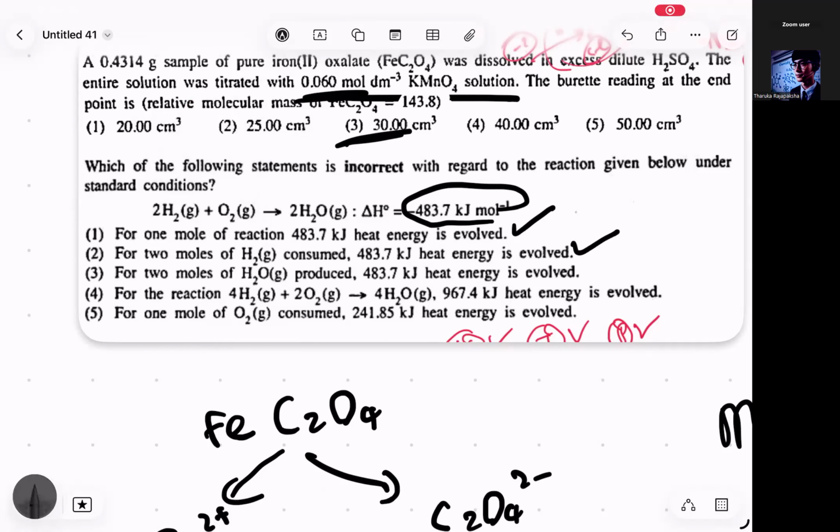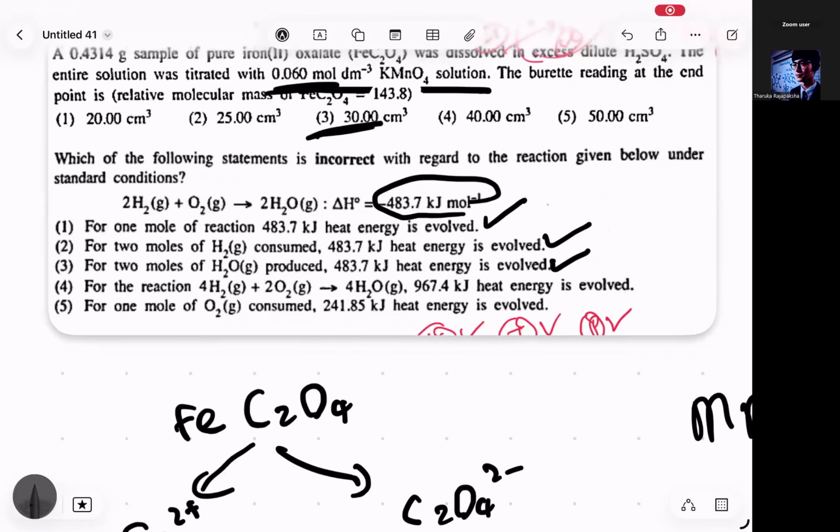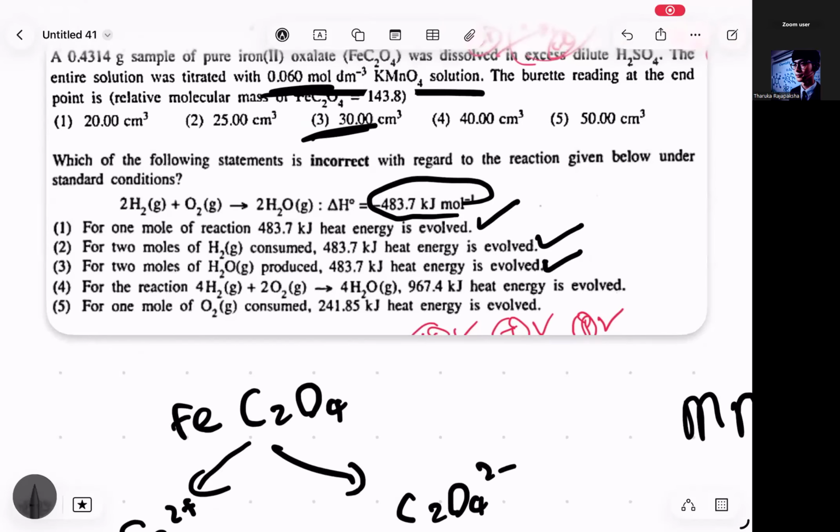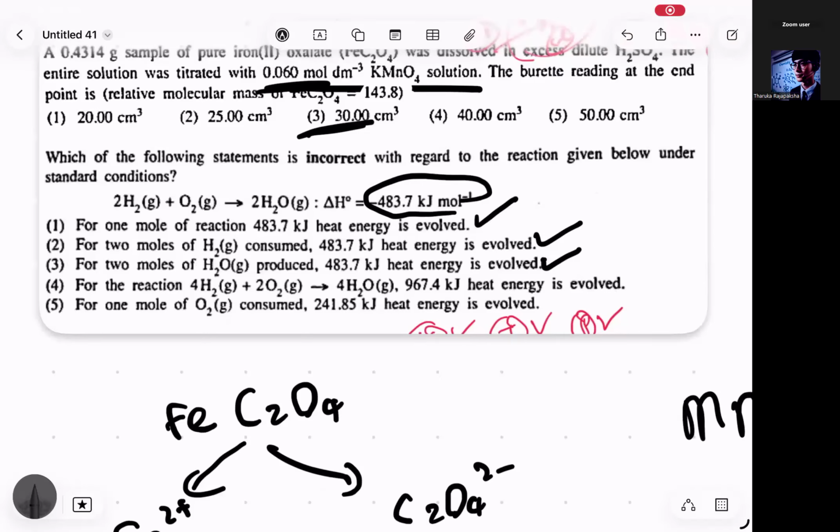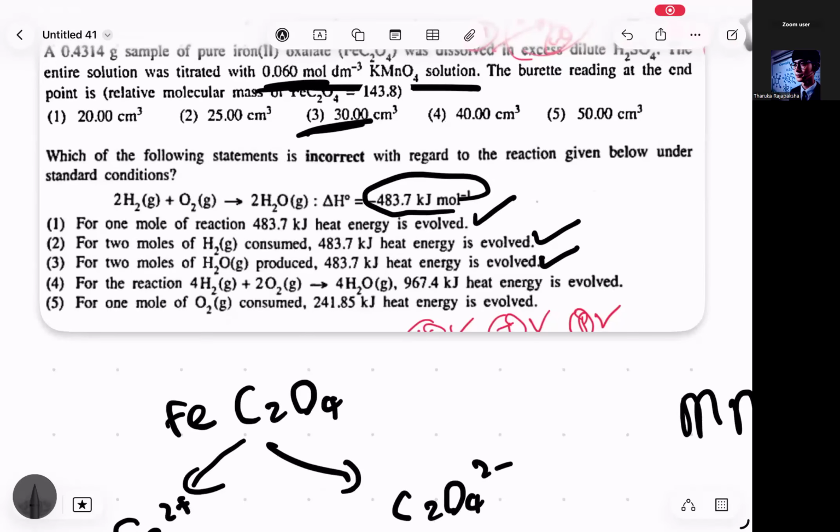Then the third one, for 2 moles of H2O gas produced, 483.7. Oh yes, that is also correct, right? Because 2 molecules of H2O are formed. For the reaction of 4 H2 and 2 oxygen, 967.4 kilojoules, that's actually twice, heat energy is evolved. Yes, you are going to multiply everything by 2. That statement is correct.